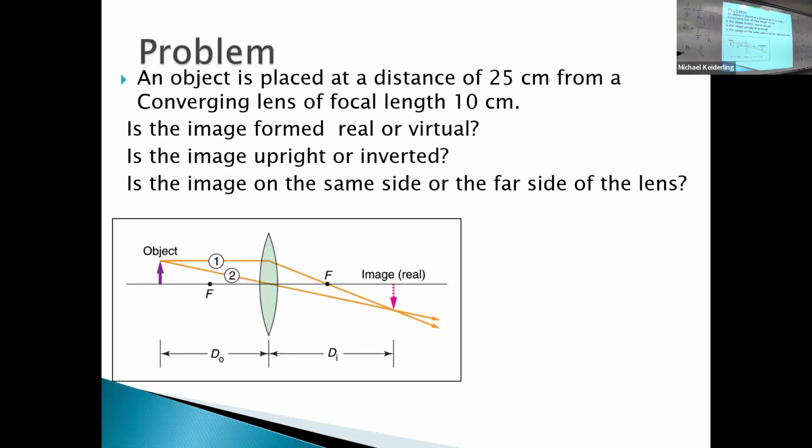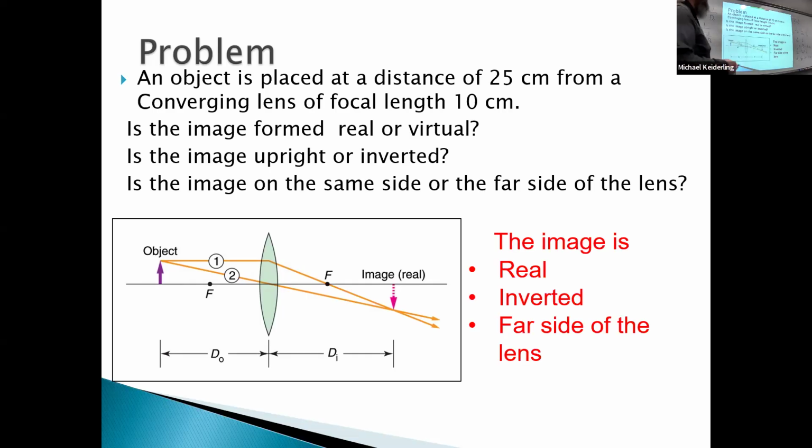So we have an object that is beyond the focal point of a converging lens. We're going to get a real image. It will be inverted, and it will be on the far side of the lens. The image is real, inverted, and on the far side of the lens.